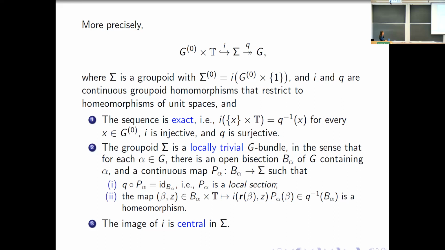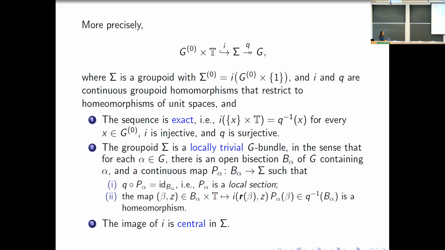And one extra definition is that the groupoid sigma is a locally trivial G bundle. What that simply means is that we will be able to find these so-called open bisections on the original groupoid G, such that we can also associate a continuous map on these bisections, mapping back to this bigger groupoid, such that when you compose this Q map with this continuous map P_A, we return to the identity on the bisections.